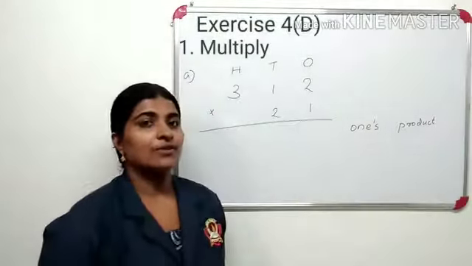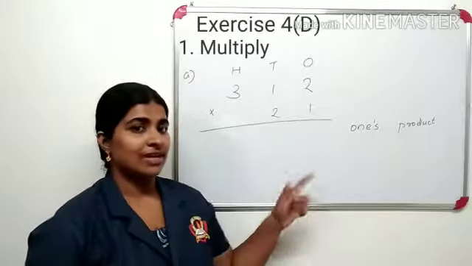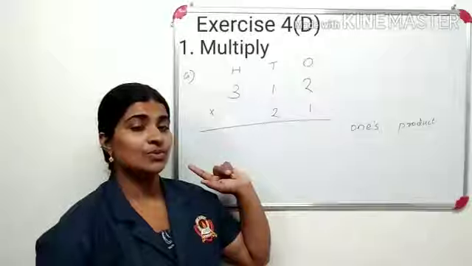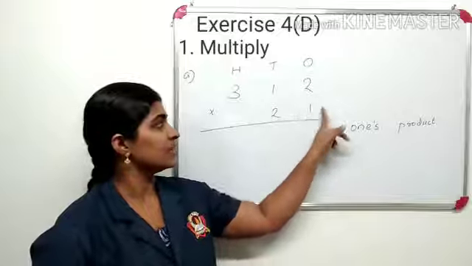Can you please find out the ones product? Okay, after that we will check. Here which table are we going to use? Yes, ones table, because the digit in ones place is 1.